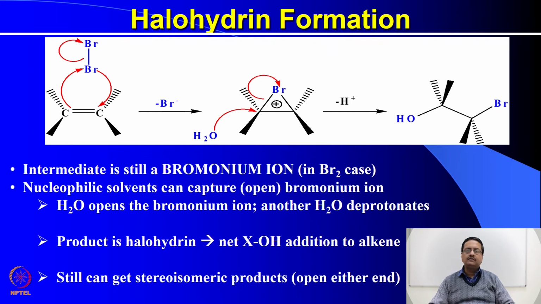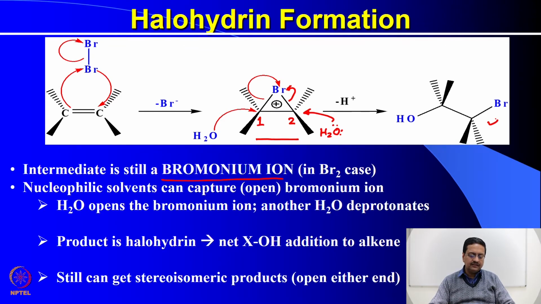So as usual, when you add, suppose, bromine to a CC double bond, immediately this bromonium ion is formed as a reactive intermediate, and then in presence of water, which can attack either the carbon 1 or carbon 2 from either side and open the three-membered bromonium ion on either side, resulting in a new product.